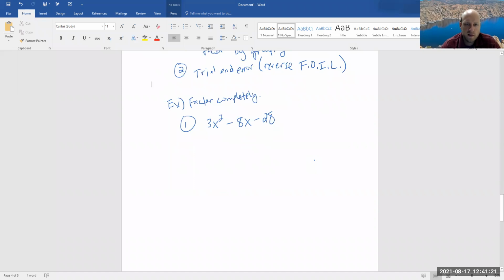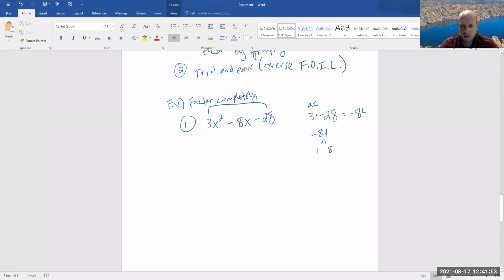In this case, what we do is we take a times c. So we do 3 times negative 28, which is going to be equal to negative 84. And then we're looking for factors of negative 84 that add to negative 8.